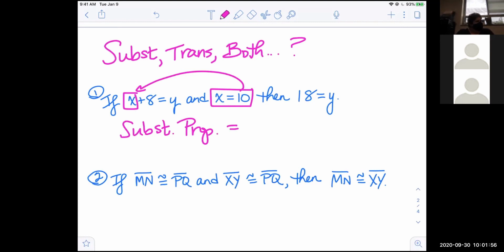Somebody tell me why it is or is not transitive. Okay. Because there are 4 distinct terms there. We have x plus 8 is 1, y is 2, x is 3, and 10 is 4. Right. So we do not have any equations that match up, so this one is not transitive.